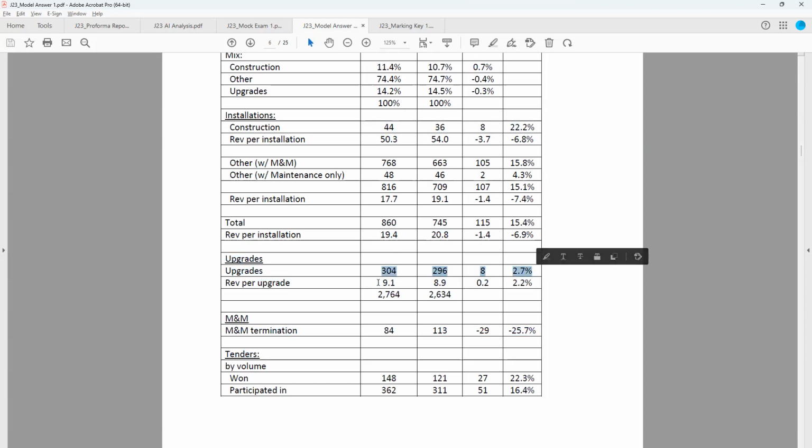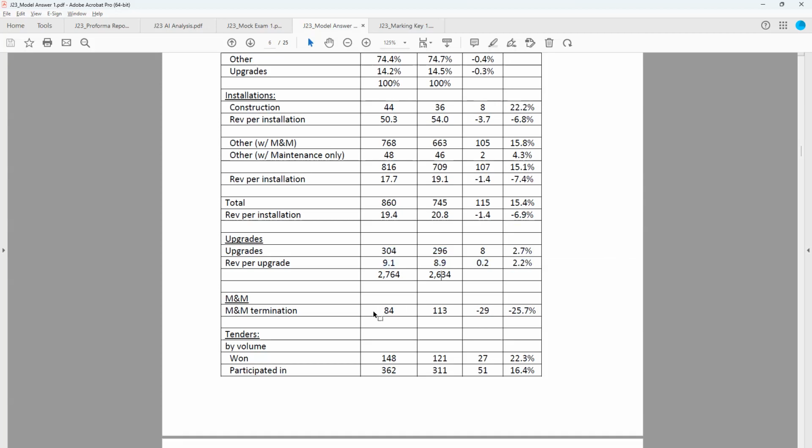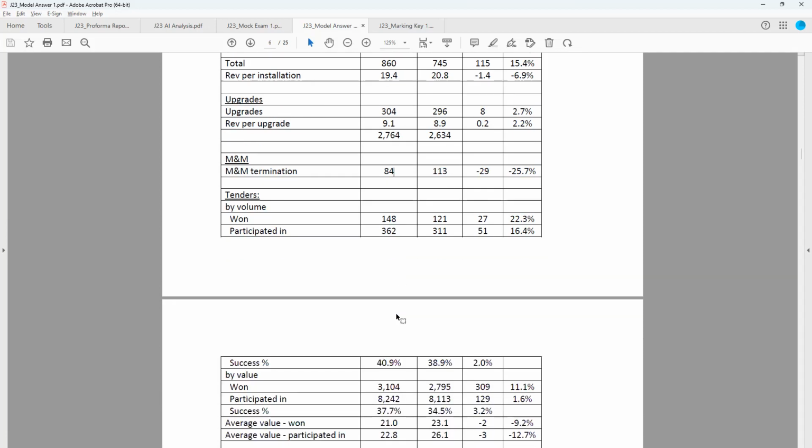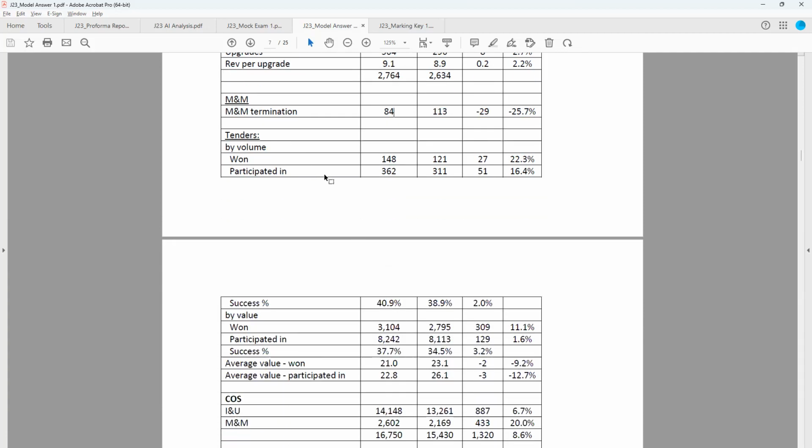Upgrades, again, that's up, and revenue per upgrade has also gone up. So then we can see M&M terminations have gone down. So that's good.